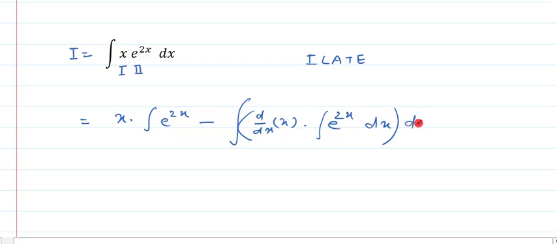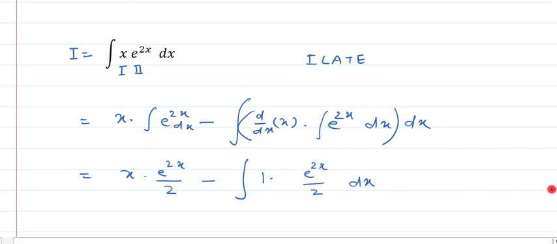So x into, dx should be here, integration of e power 2x is, as you know very well, e power 2x upon 2, minus integration of the differentiation of x, which is 1, into the same thing you have calculated over here, e power 2x upon 2, and then dx.